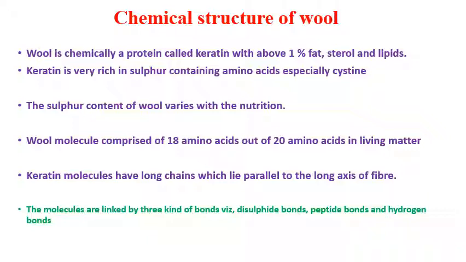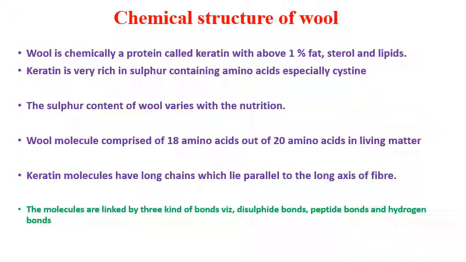Now these molecules are linked by three kinds of bonds. Why it is so strong is due to the strong bonds of three kinds. One is disulfide bonds. Due to the sulfur containing amino acids being in larger amounts, between two sulfurs there is always a bond formed, sometimes called a disulfide bridge.